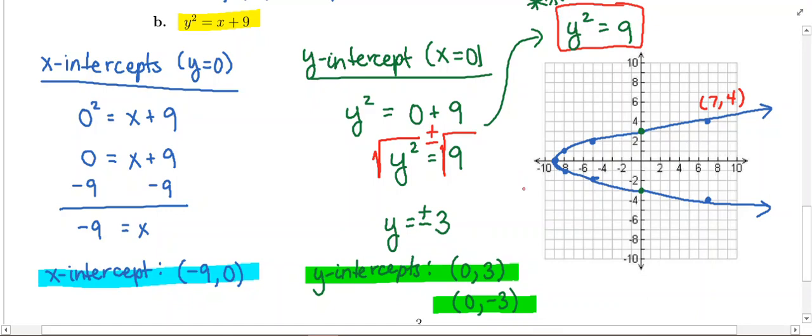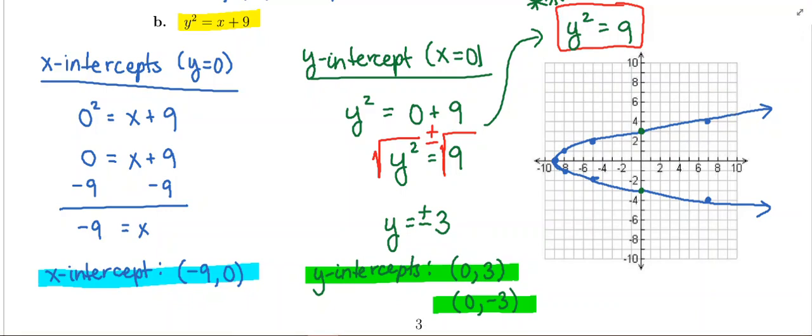So if we observe 7, 4, then if this graph does have origin symmetry, negative 7, negative 4, changing the sign of both x and y, should be on the graph. And negative 7, negative 4 is right here. It's not on the parabola, so there's no origin symmetry here. So this particular graph has x-axis symmetry only.